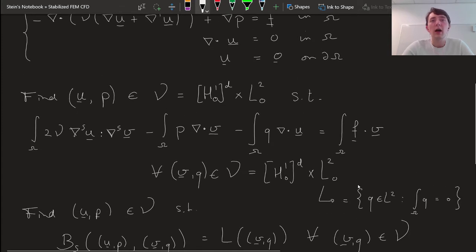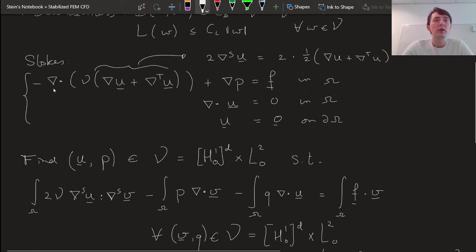Now, another thing that I maybe should address here is that you don't see any boundary terms. So what we did was we did integration by parts on this divergence and this gradient. That should give me a traction, if you're slightly familiar with the theory here. That should give me a traction on the boundary, or at least an integral that is a traction look-alike, in the sense that we have pressures and gradients of velocities on the boundary.